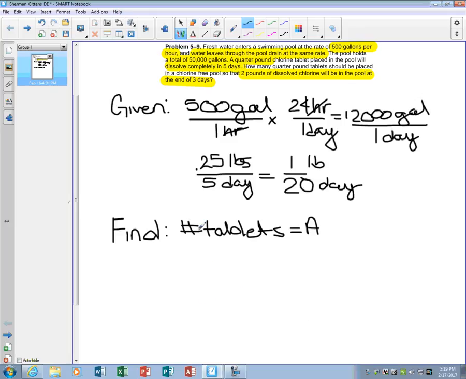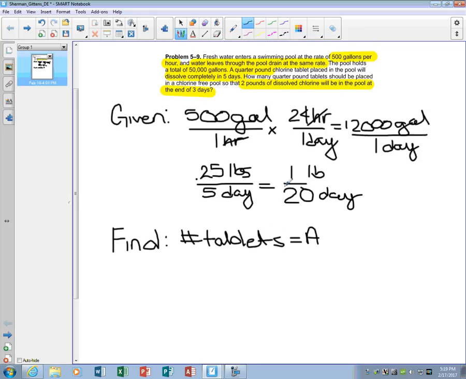I want to find the number of tablets so that 2 pounds dissolve in the pool in 3 days. So we need something to call the amount of chlorine dissolved in the pool after a certain amount of days. We'll use T as our time in days, and P for pounds. I'll avoid C for chlorine because it'll get confused with the constants.